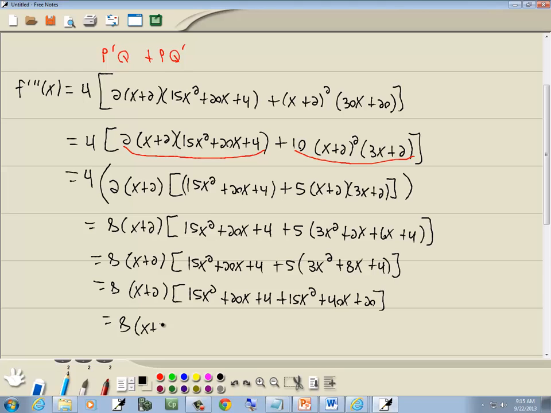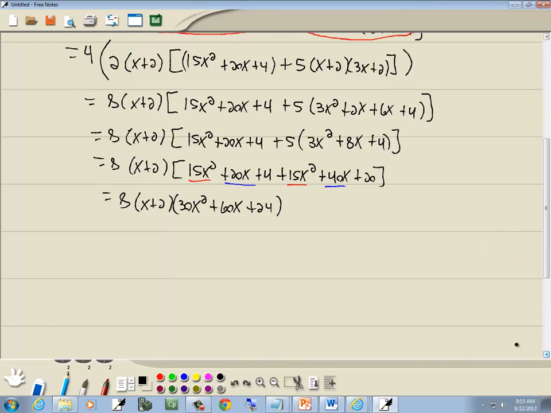Got 8 times x plus 2, combine together like terms. 15x squared plus 15x squared is 30x squared. 20x plus 40x is 60x. 4 plus 20 gives us 24. Well, as I was writing that down, I noticed these are all divisible by 6, looks like.